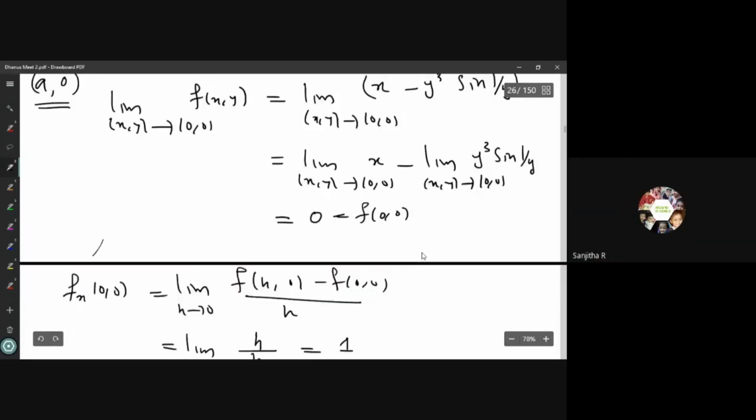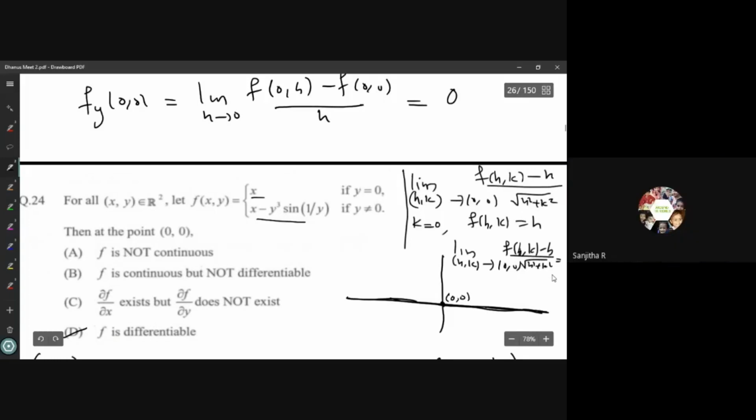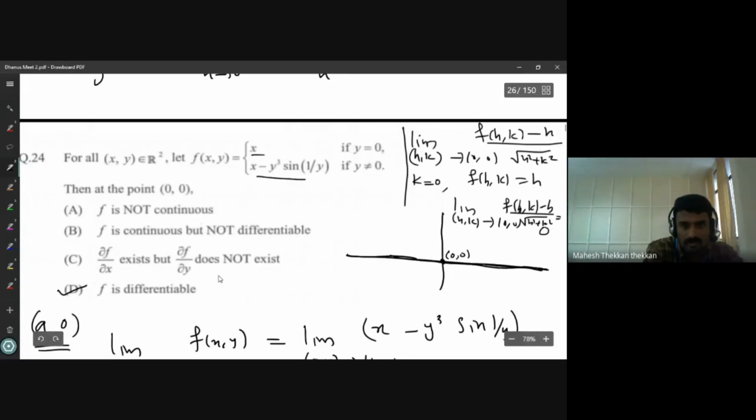I don't have space to write, so I will write somewhere here. For k not equal to 0, you have to look at this value.